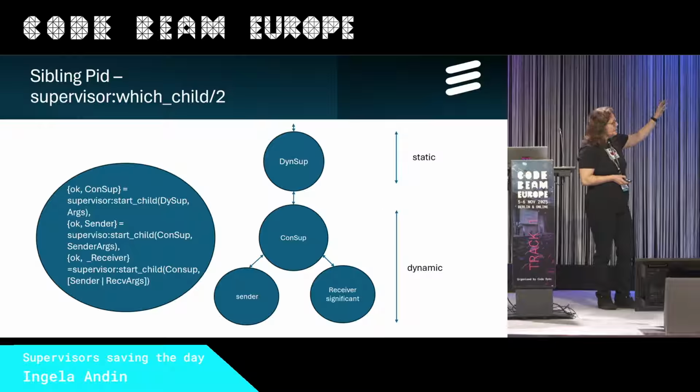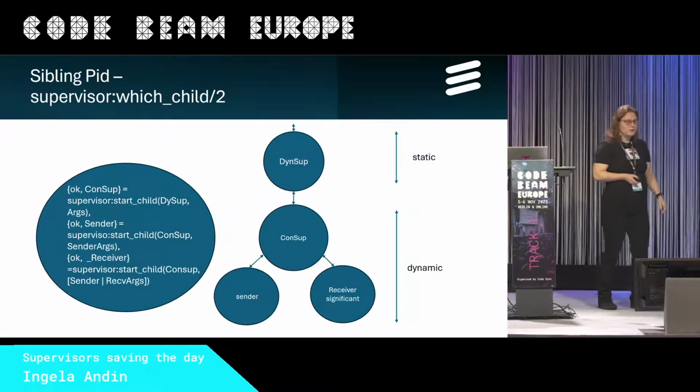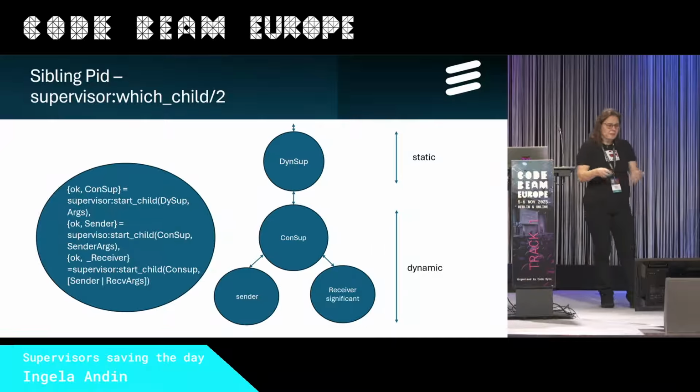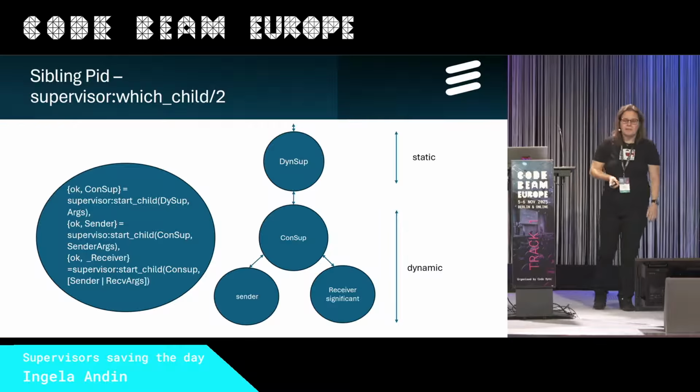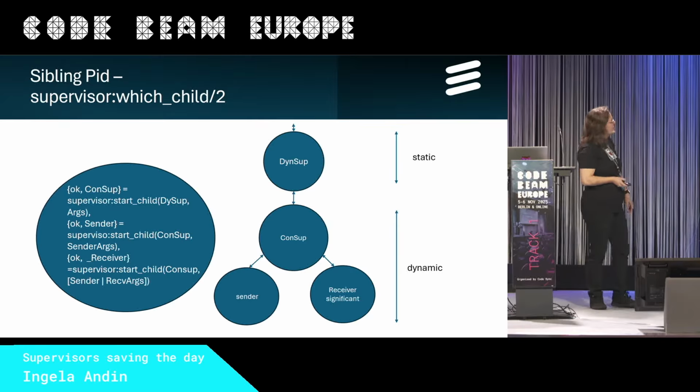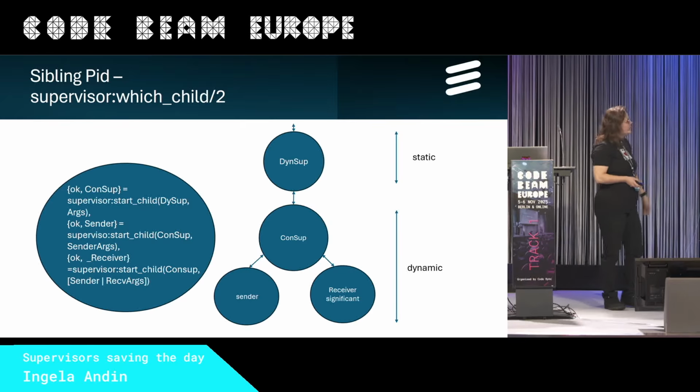And the user process might crash in the middle of this. And now my supervision tree is not going to work as intended. And I might get a connection leak or a process leak. So my solution to that was to spawn a special process that would just set up this connection tree and then terminate. It works. It's not super nice, but it works.